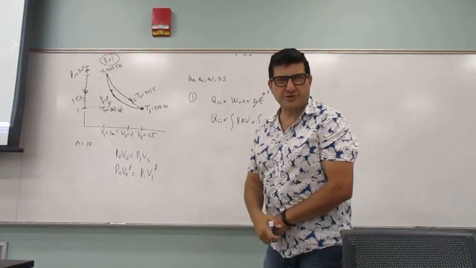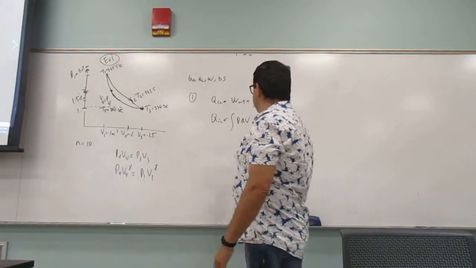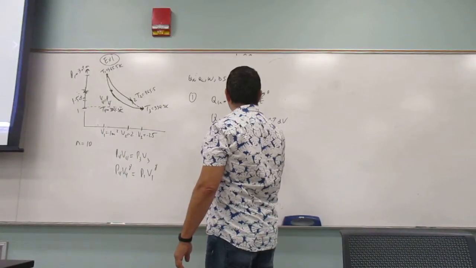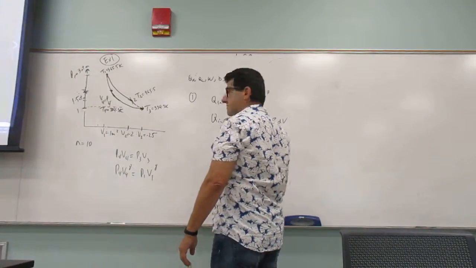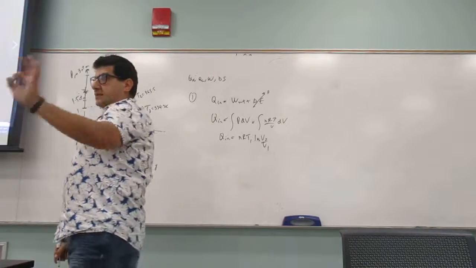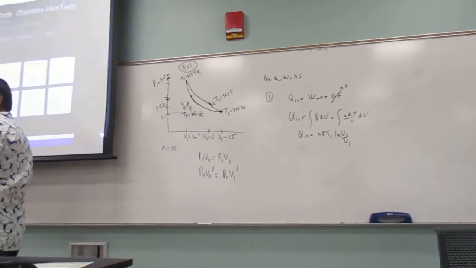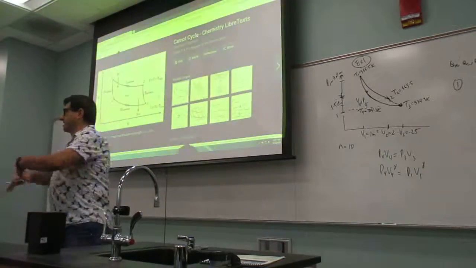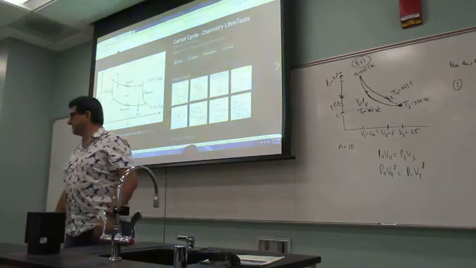And then remember, temperature is constant in isothermal. So Q in is going to equal nRT1 ln of V2 over V1. So in an isothermal process, that's always the equation of work: nRT, because T stays constant, times the ln of the ratio of the volumes.